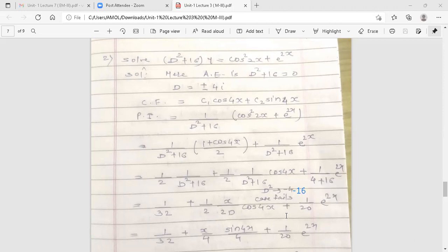Replace d square by minus 16. And if we replace d square by minus 16 plus 16, it is 0.